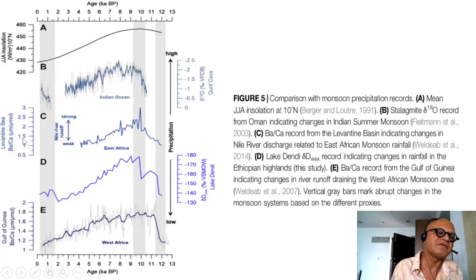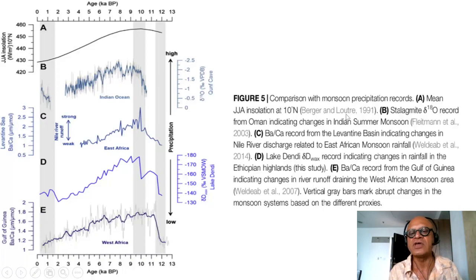This is the Levantine Sea barium calcium proxy showing East African monsoon also peaking and dropping off. So this is the Nile River runoff showing strong runoff during wet periods and weak runoff during dry periods. And then you have West African rainfall here showing this is Nile River runoff, this is East African precipitation, and this is West African.